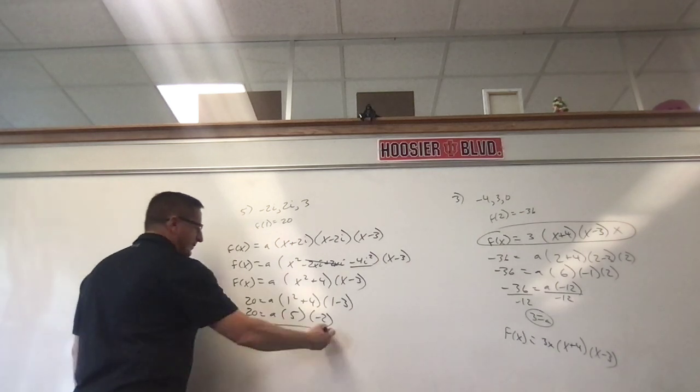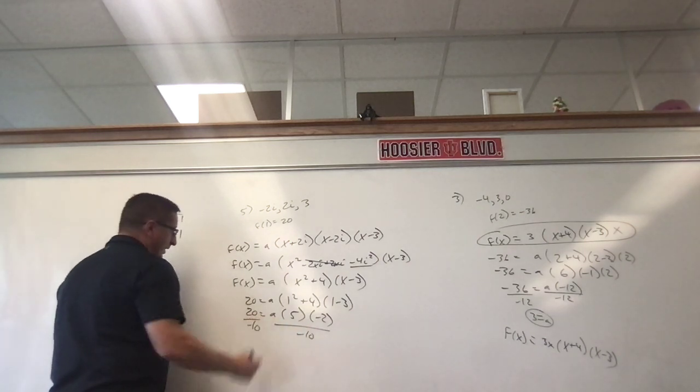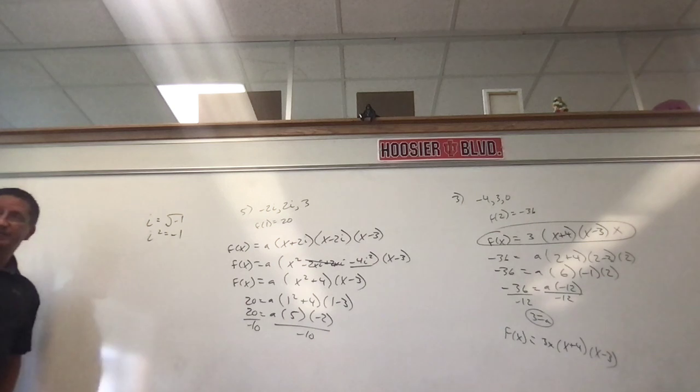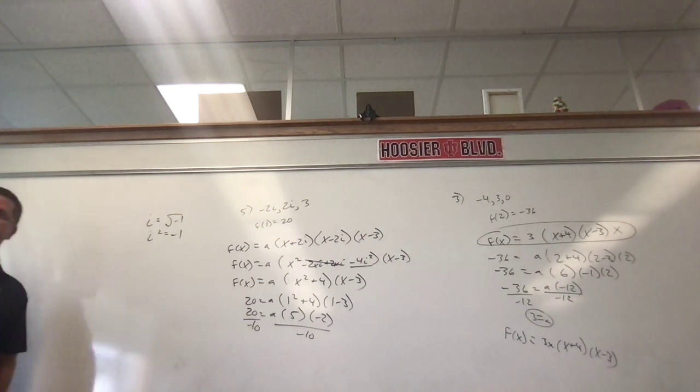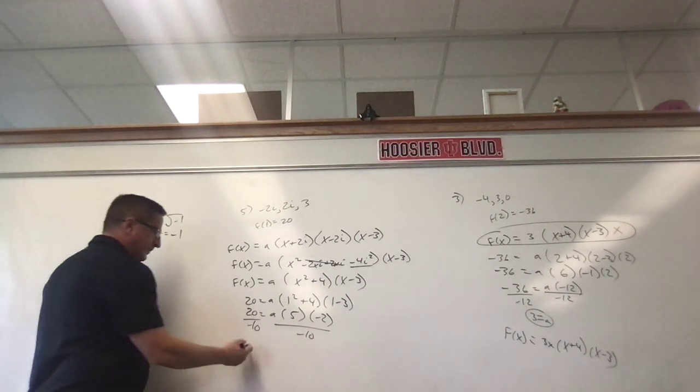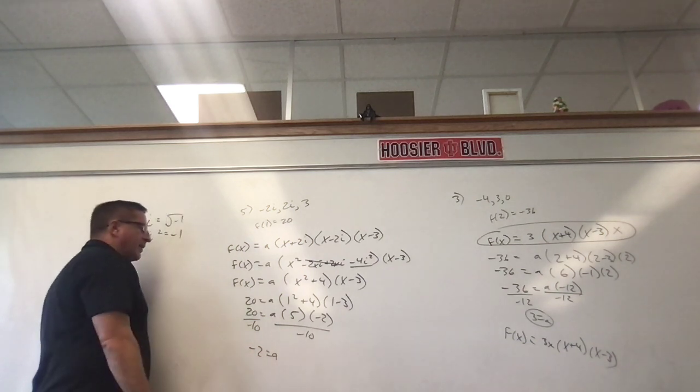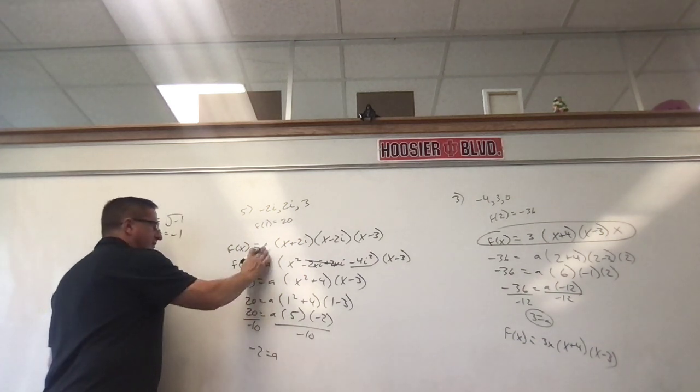I'm going to skip a step here. Is everybody okay with that? I know 5 times negative 2 is negative 10. So I just divide by negative 10. And we're almost done. Plug in negative 2.